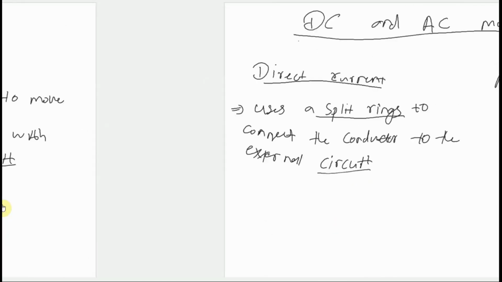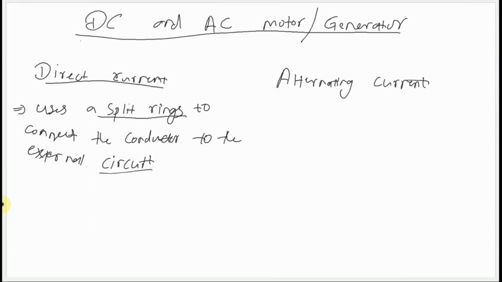So let me go back and indicate it. A split ring means that you have one ring which is split in half. So if I can draw that, it's a ring split in half. This is a 2D drawing, doesn't look nice, but something like that.